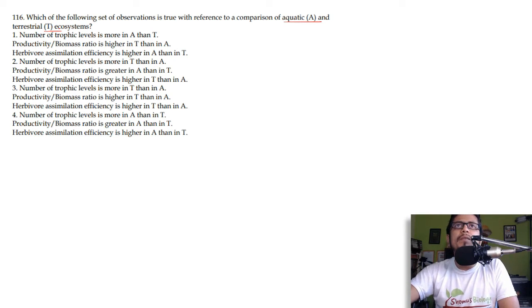Now let's solve this one. Which of the following sets of observations is true with reference to a comparison of aquatic and terrestrial ecosystem? This question is from ecosystem ecology, particularly the properties of aquatic and terrestrial ecosystems. The number of trophic levels is more in aquatic than in terrestrial. The productivity by biomass ratio is higher in terrestrial than in aquatic.